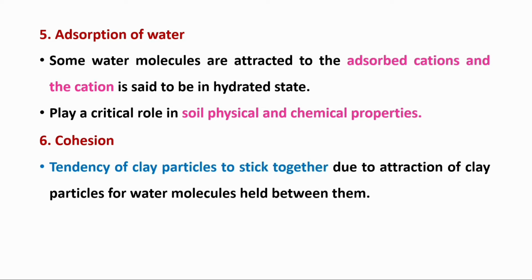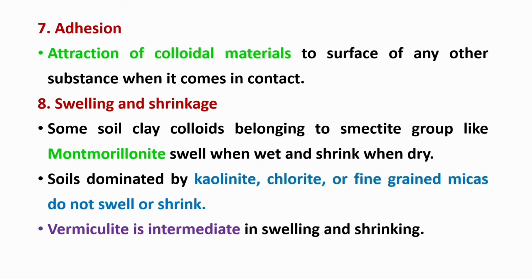Next important property of soil colloids is cohesion, that is the tendency of clay particles to stick together due to attraction of clay particles for water molecules held between them. Next property is adhesion, that means attraction of colloidal particle to another substance when it comes in contact.